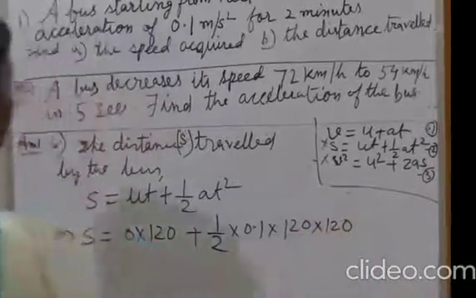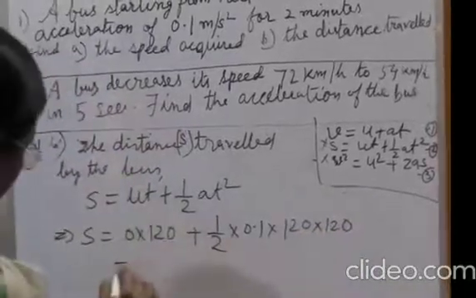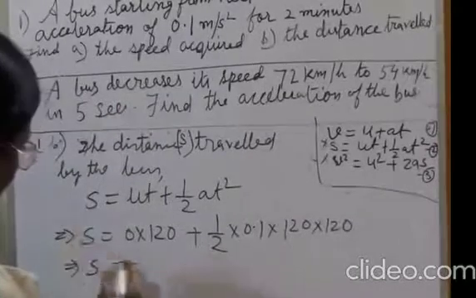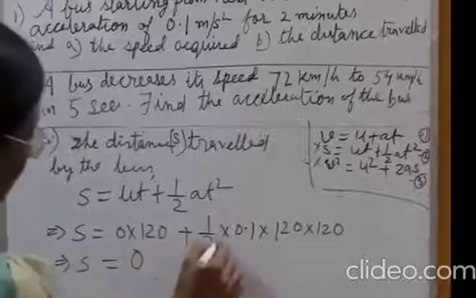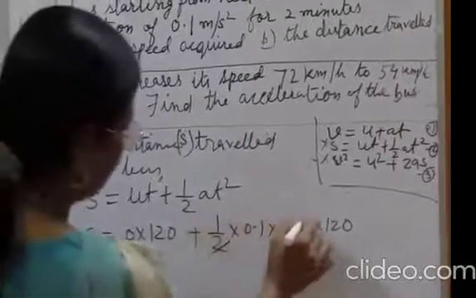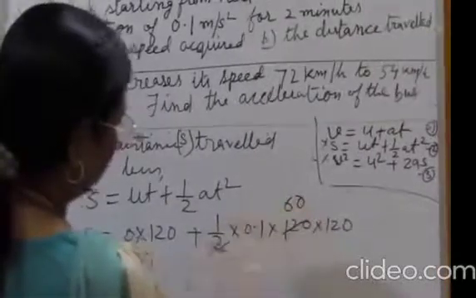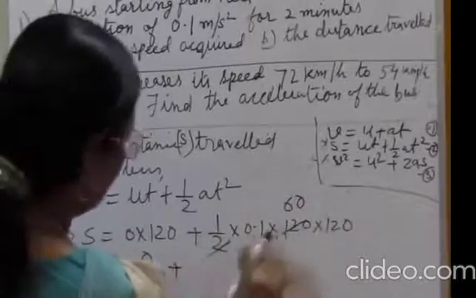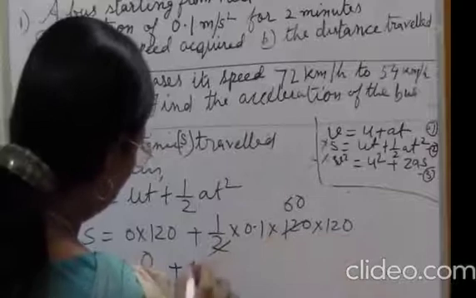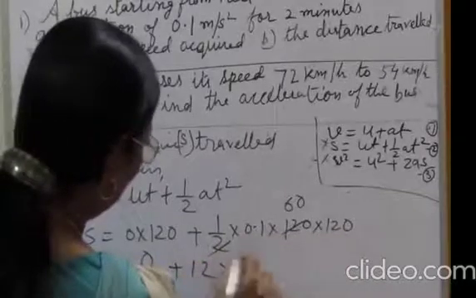Clear? Now this portion, 0 multiplied by 120, is 0. This one, half of 120, is 60. Now 12 into 60.